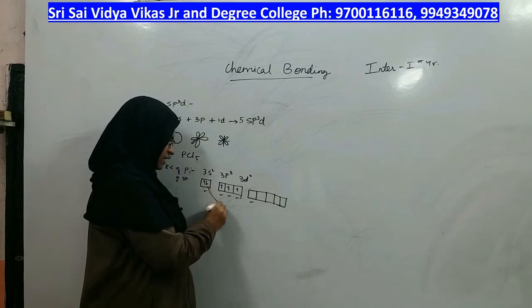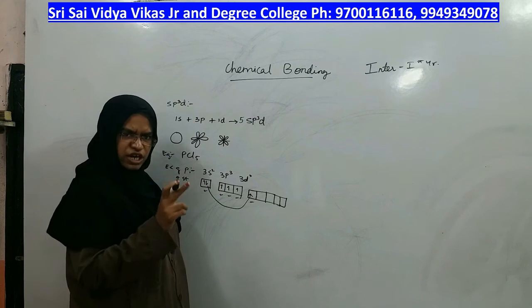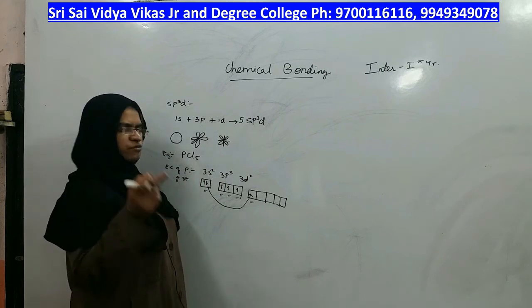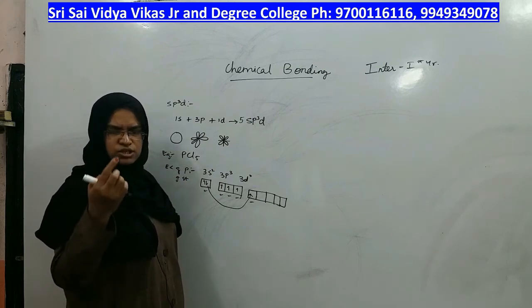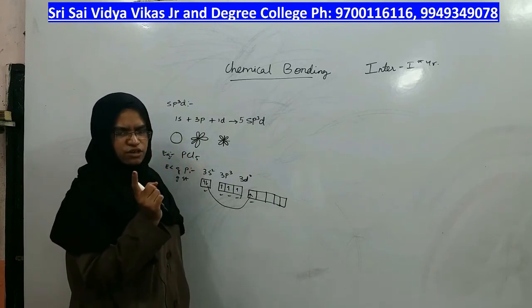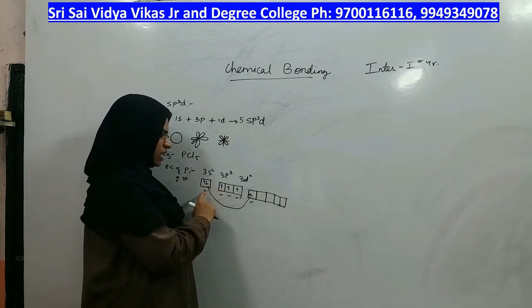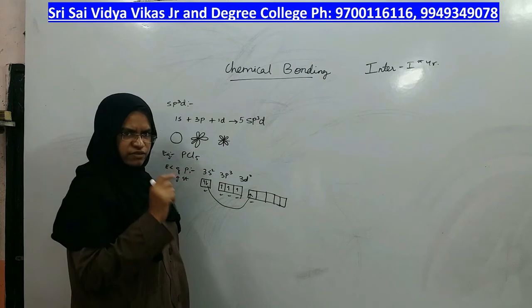It is only possible by shifting 1 electron here, because each orbital should have one electron to overlap with the 5 chlorines, because chlorine also comes with its own electron, and 1 electron of phosphorus and 1 electron of chlorine overlap to make a bond, right? So there are a total of 5 electrons, and 5 orbitals should have one electron each.